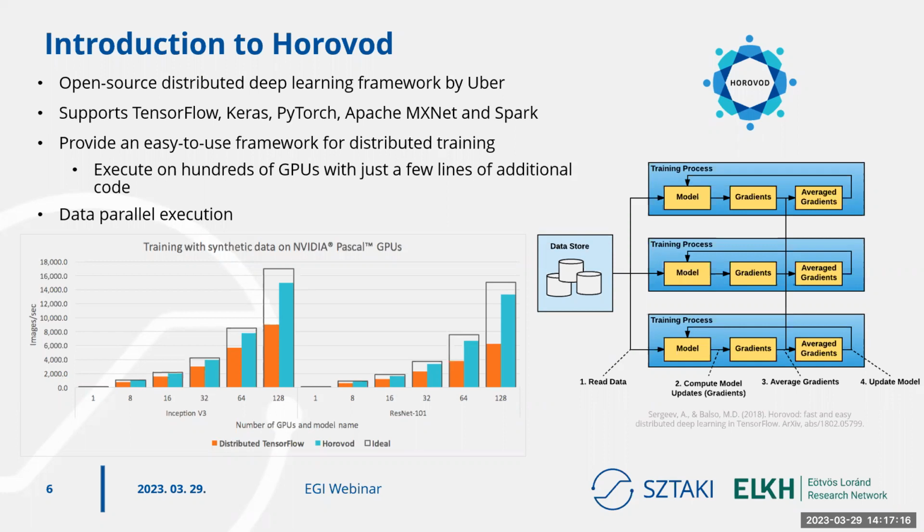Now, a disclaimer here: these results were published in 2018, and since then the scales have tipped a little bit, and distributed TensorFlow has received a significant upgrade, so now it's a much better solution also. But back then, when Uber published these results, this was the scale between the two.